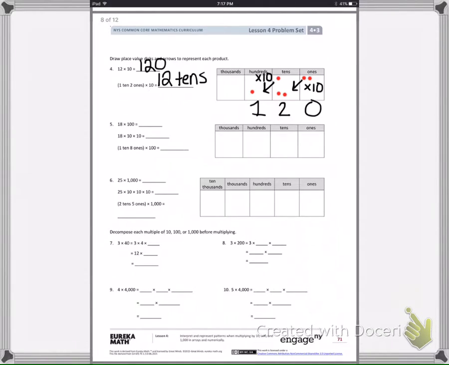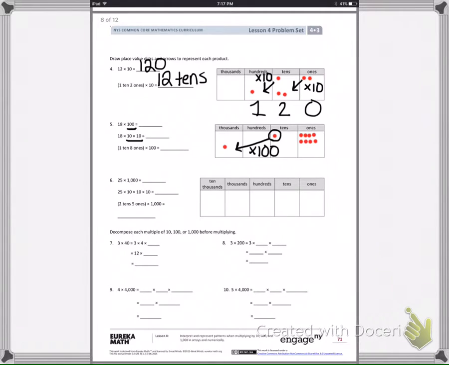Number 5, 18 times 100. Show 18 using place value discs. You have 1 ten and 8 ones. Multiply by 100. 10 times 10 is another way of saying 100. Take your 10. I know to move it 2 place value spots to multiply by 100.